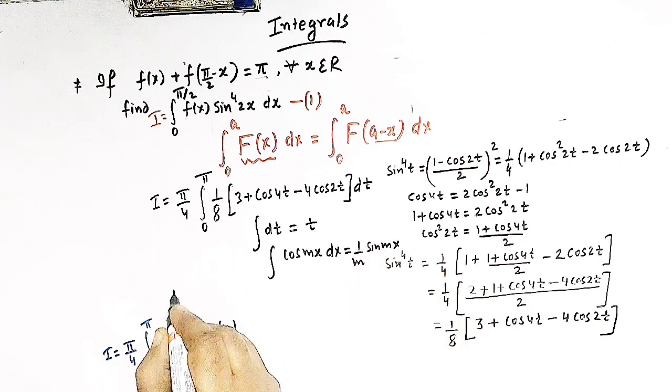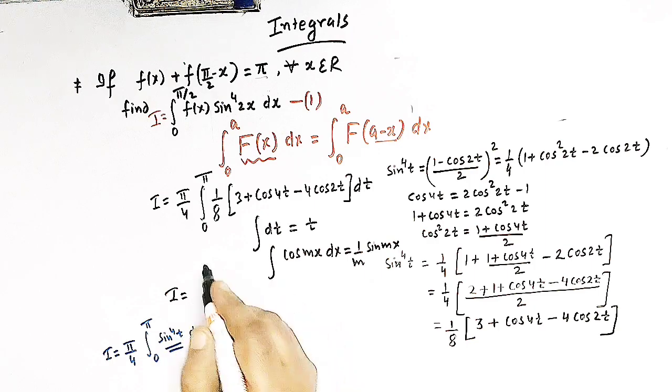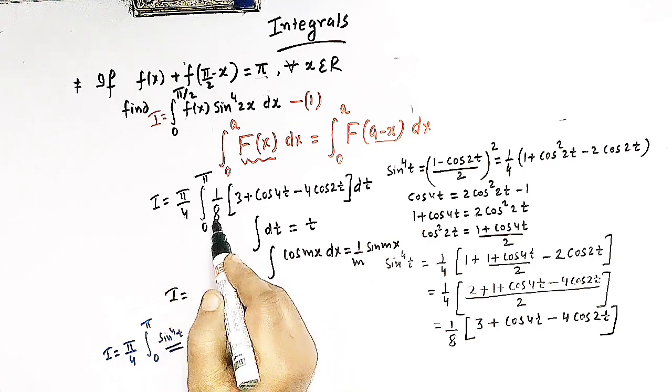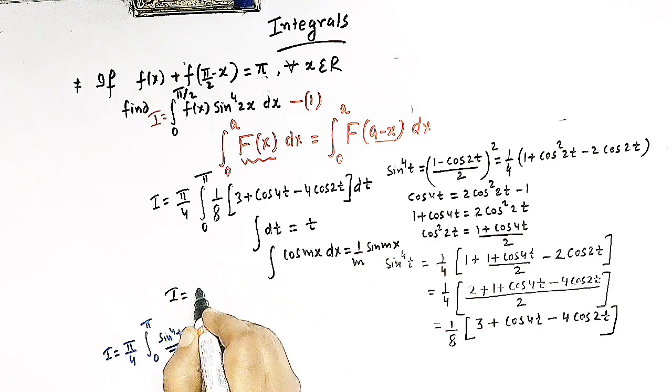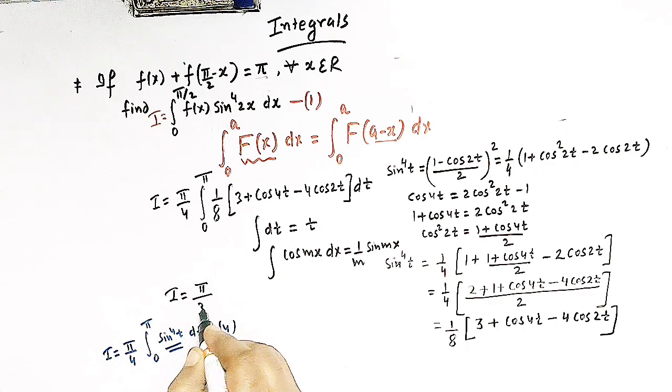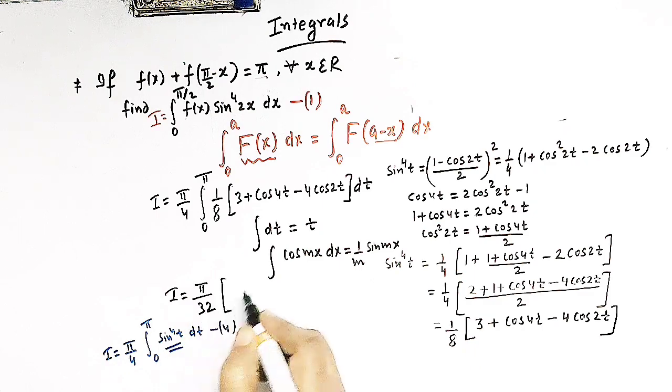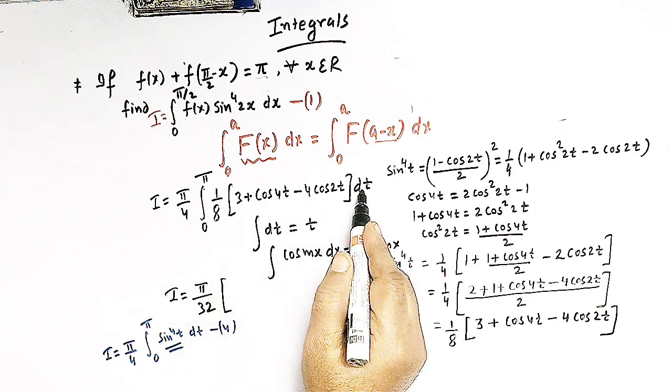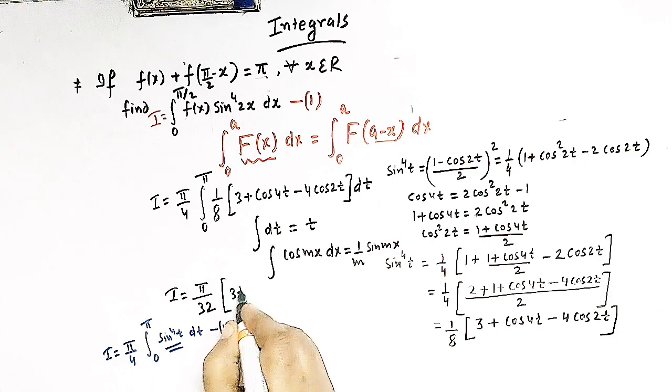So now we can write I is equal to, here 4 and 8 can be multiplied. So we have pi over 32, and then the integral 3 dt is simply 3t.